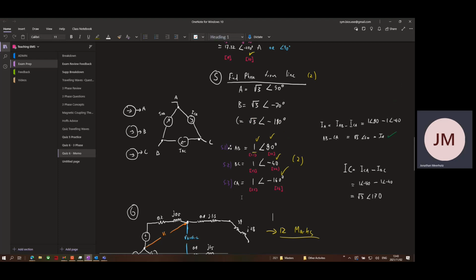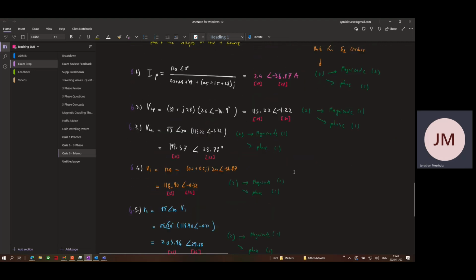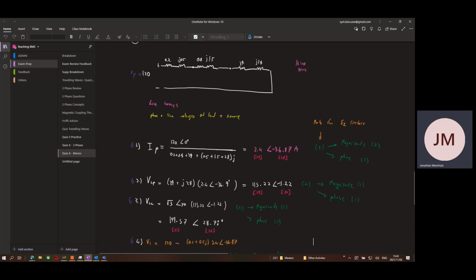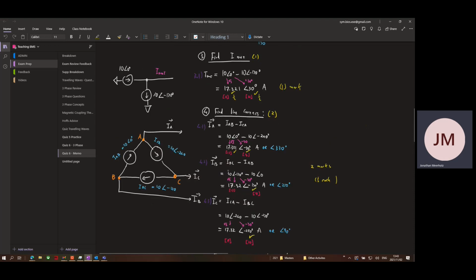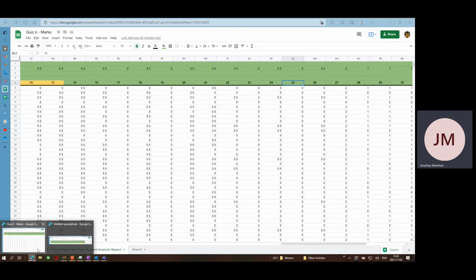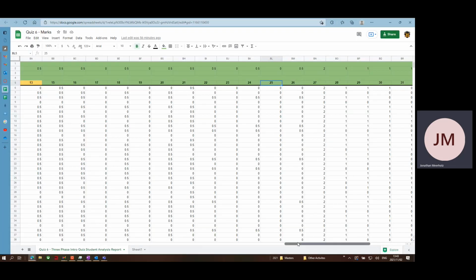I know maybe it's stingy, but it definitely isn't, because a phase is worth 1 mark and magnitude is worth 1 mark, and these are way more applied. So that's just kind of that. It's a very simple calculation, literally minusing that. So yeah, there we go. That should be done.